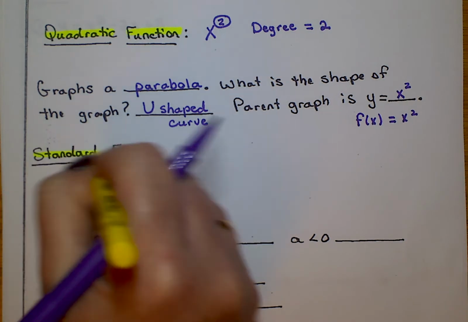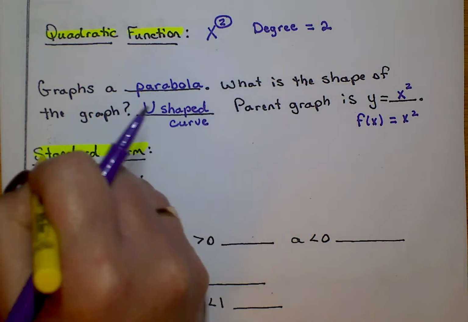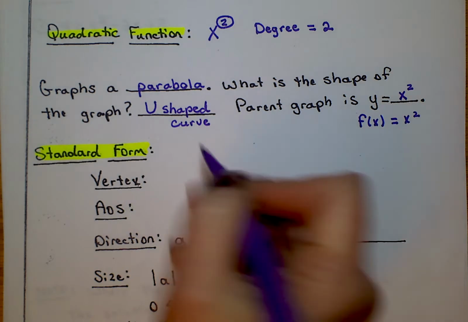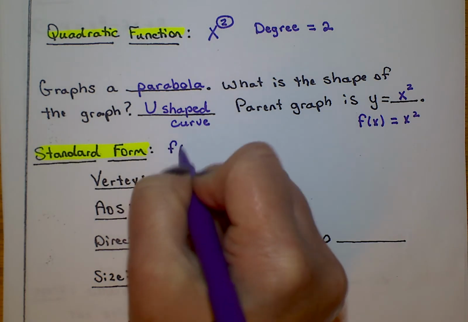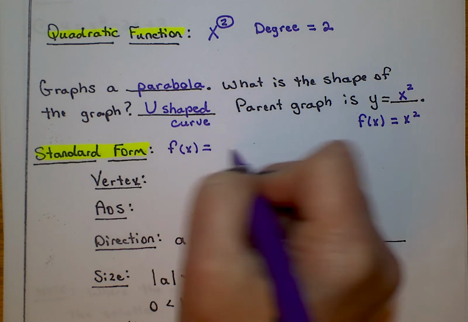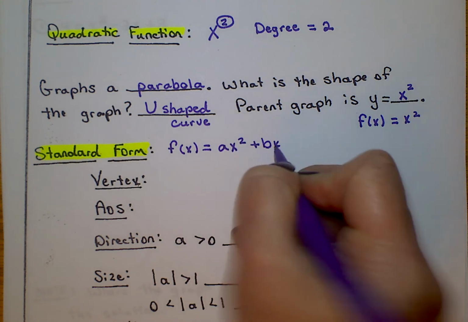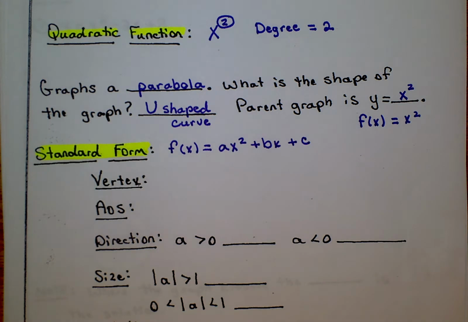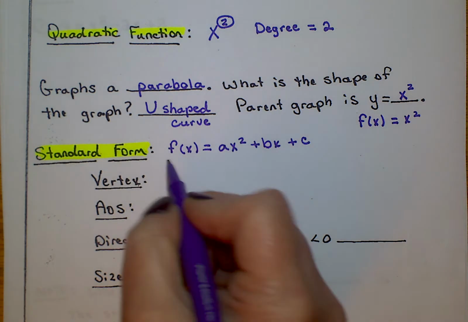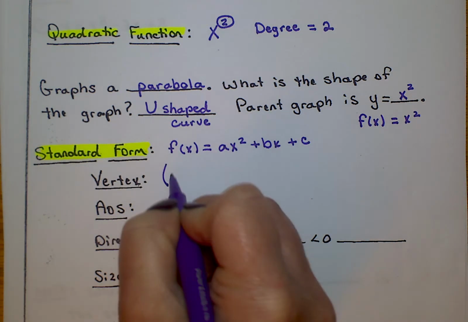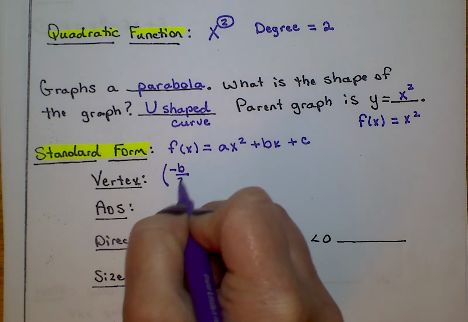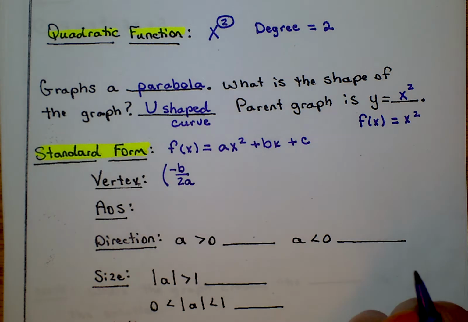One form of a parabola is called standard form. Standard form is where you have y equals ax squared plus bx plus c. If it is in this form, to find the vertex, you use the formula for the x, negative b over 2a.